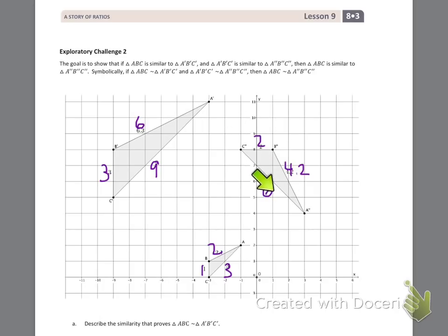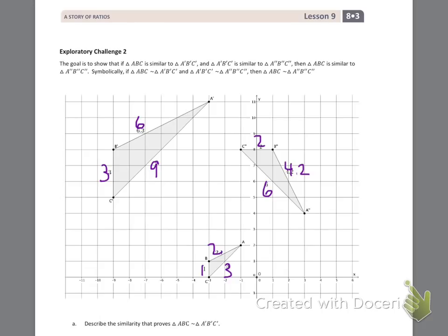So you can work on that on your own. There'll be 3 separate sequences, all proving different pairs of these triangles similar to one another. All right, so go ahead and work on that and then come back and we'll compare our answers or our work together.